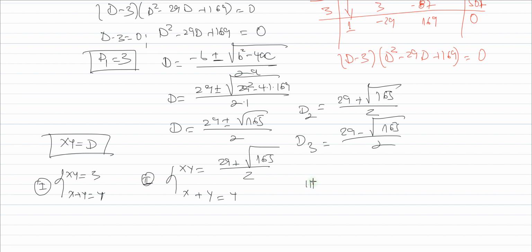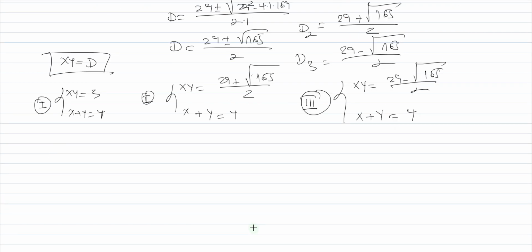And our third system is going to be xy equals 29 minus the square root of 165 divided by 2, and x plus y is equal to 4. So we have to solve these systems of equations, guys, and they are pretty simple.